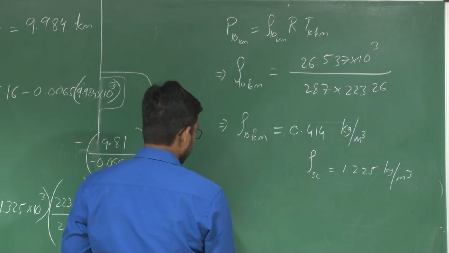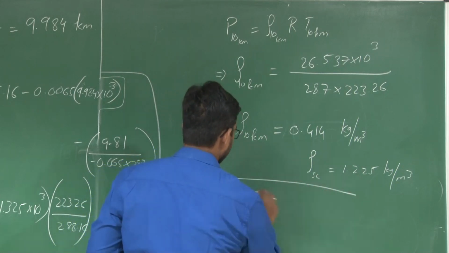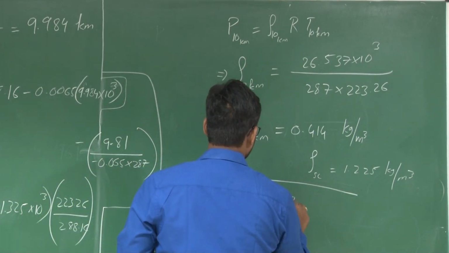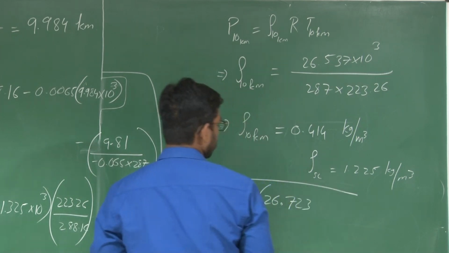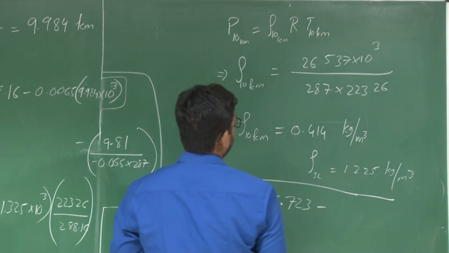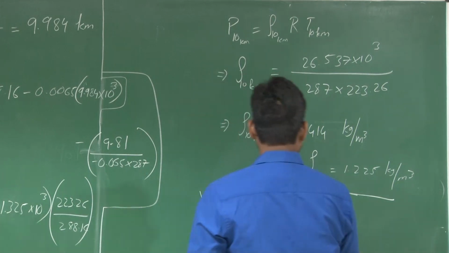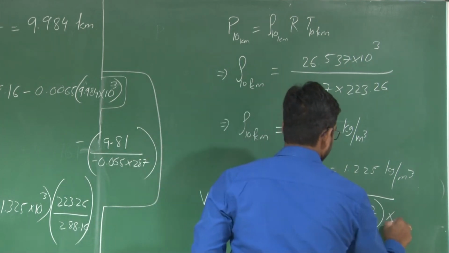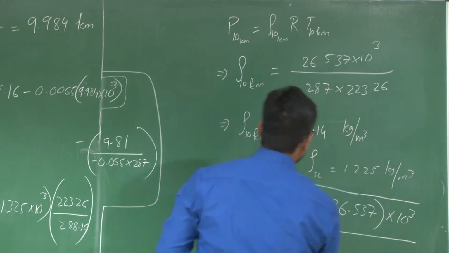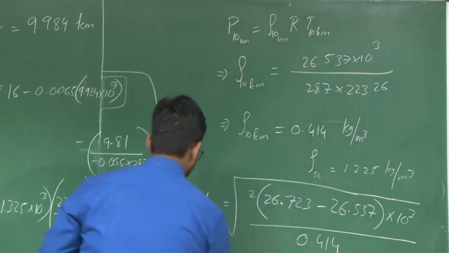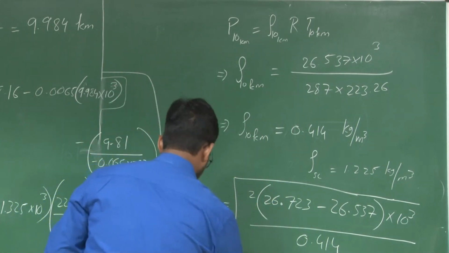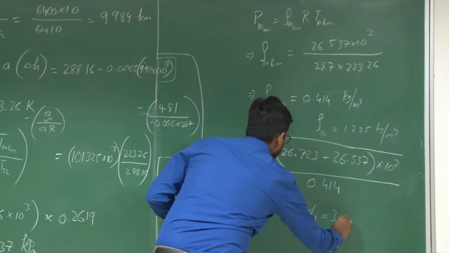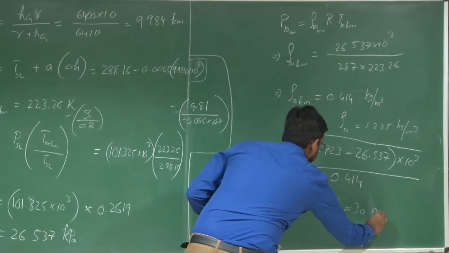Now the velocity of flight at 10 kilometers, where the total pressure measured by pitot tube is 26.723 kilopascals minus static pressure at that altitude, 26.537 kilopascals, divided by density at that particular altitude, which is approximately 30 meters per second.